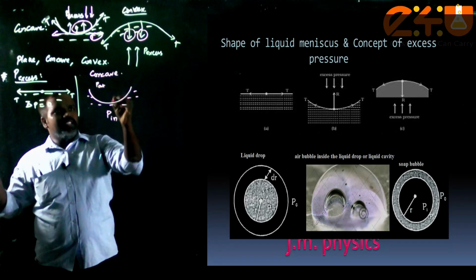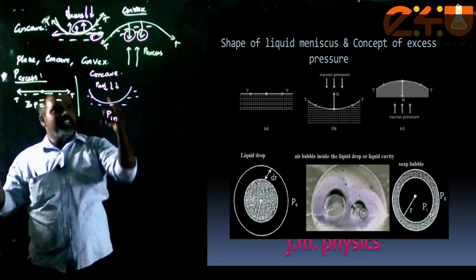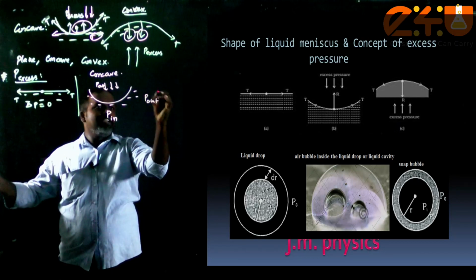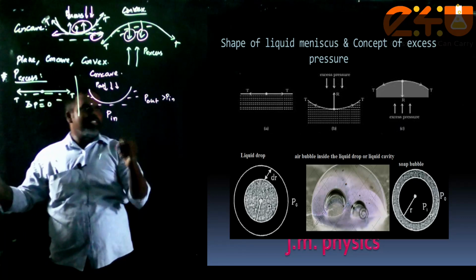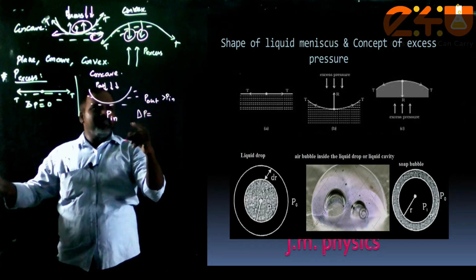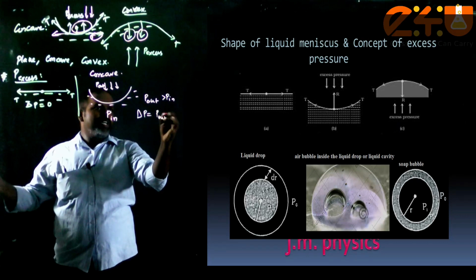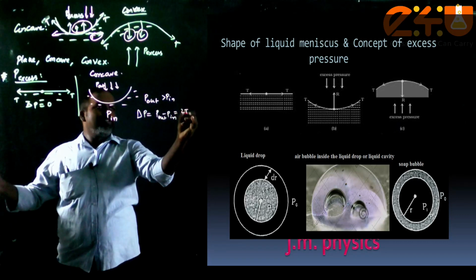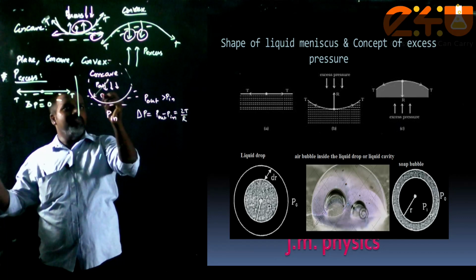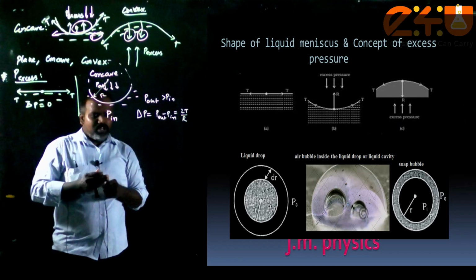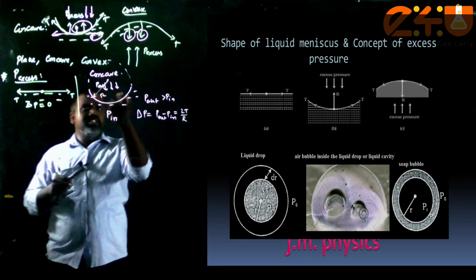Since additional forces act to balance the force due to the surface tension, P out is greater than P in. That pressure difference is the excess pressure: delta P equals P out minus P in, which equals 2T by R, where R is the radius of the meniscus. So this is what we completed for the concave meniscus.